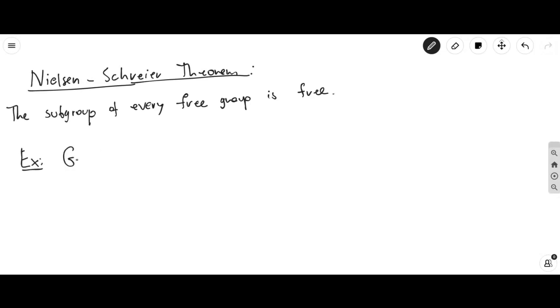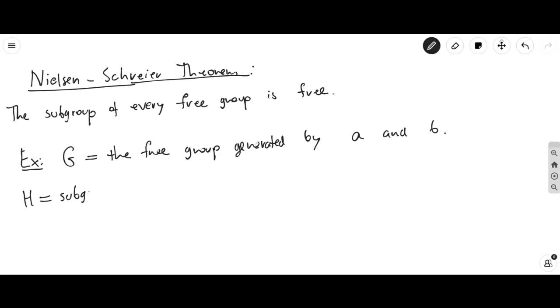So G, this is going to be the free group generated by two symbols, by A and B. And H, this is going to be the subgroup of G, consisting of words of even length.